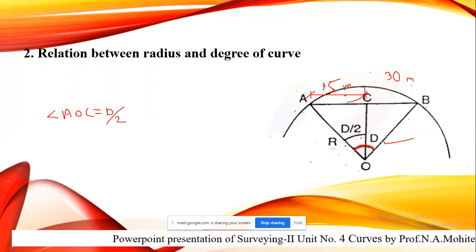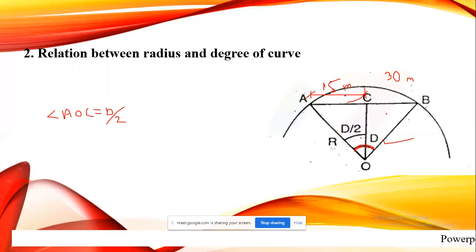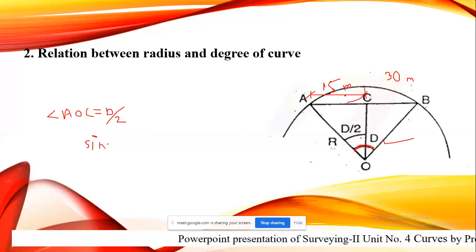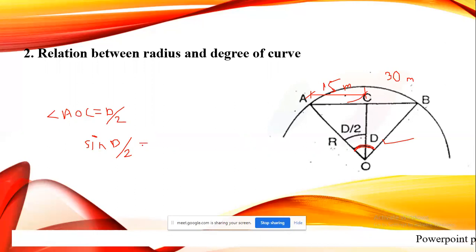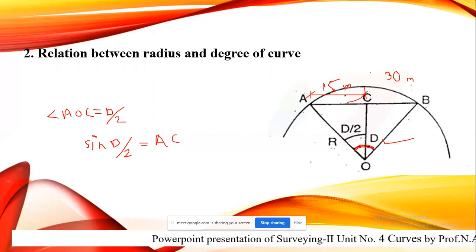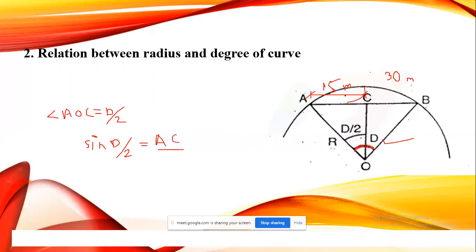Considering the triangle OAC, sine of D by 2 will give me opposite, that is AC, divided by hypotenuse, that is OA.